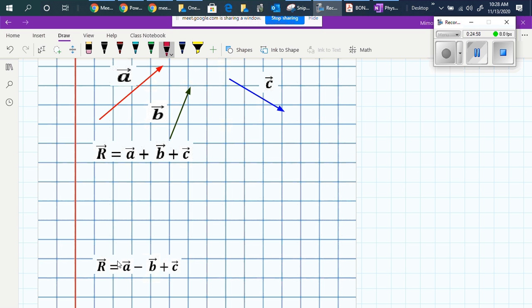With the closed polygon method, we start with vector A. So we go vector A here.